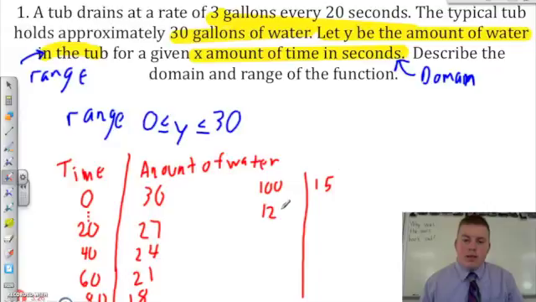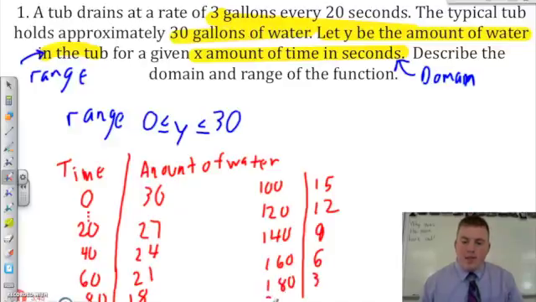At 120 seconds, I would have 12 gallons. After 140 seconds, I would have 9 gallons. At 160 seconds, I would have 6 gallons. At 180 seconds, I would have 3 gallons. And then finally, after 200 seconds have passed, my tub would be empty.